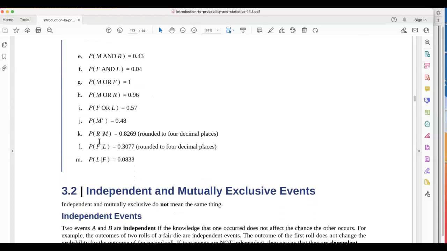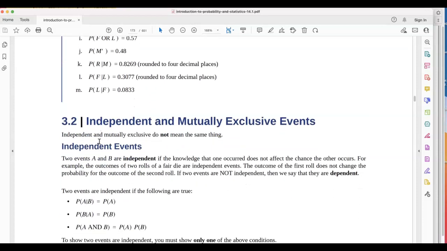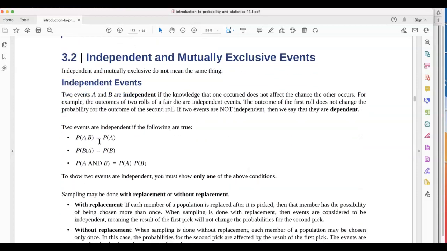All right, so let's get to those definitions. Okay. So an independent event is when the conditional event and the regular event have the same probability. So if we are doing P of A given B, that means if we are doing a subset of A, we're still going to get the same probabilities as if we did it in the regular whole sample set.